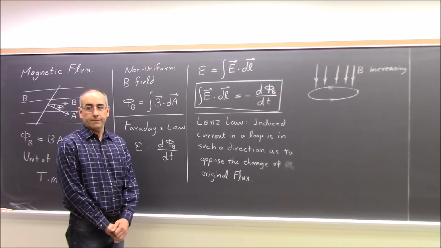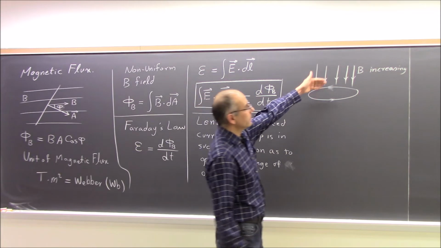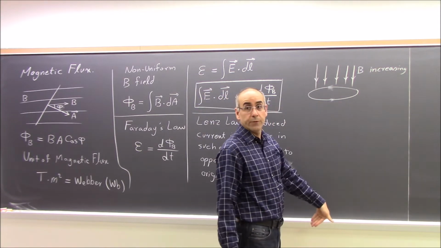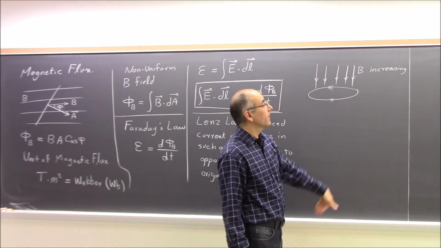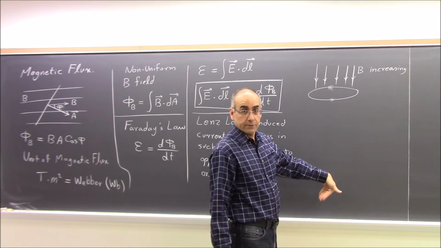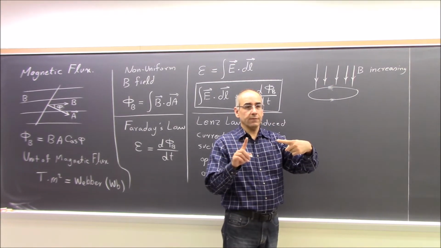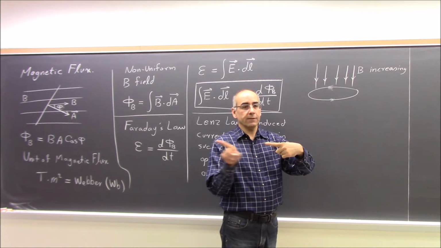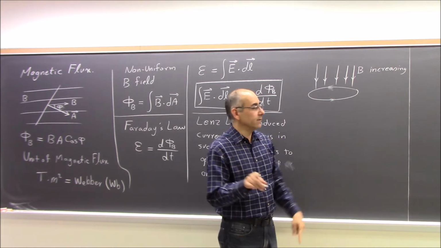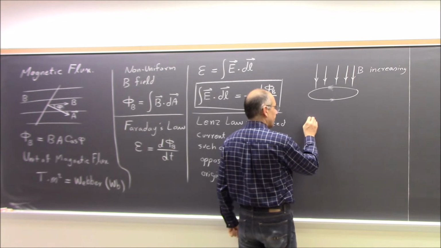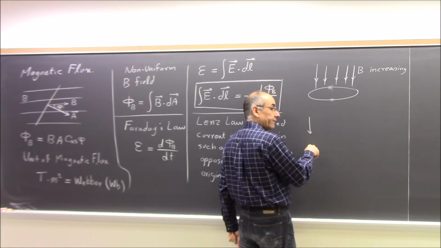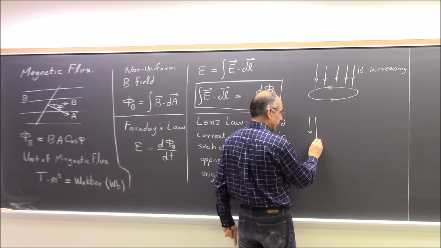What does that mean? So this flux is going into the loop downward, right? And it is increasing, so the change is downward. When a vector increases, the change is in the same direction as the vector itself. For example, if B is like this and it's increasing, it means later on B is like that, right?